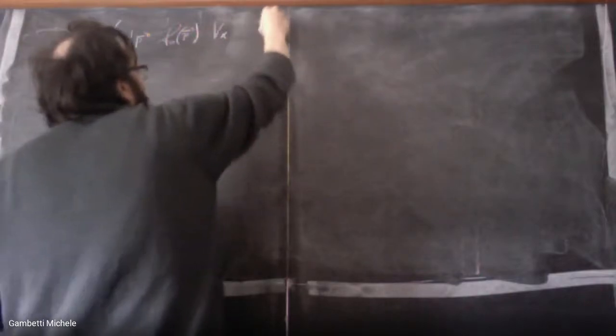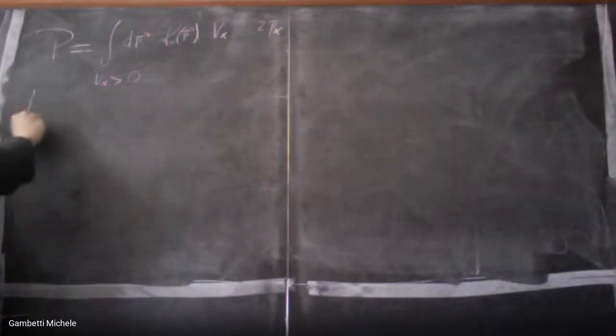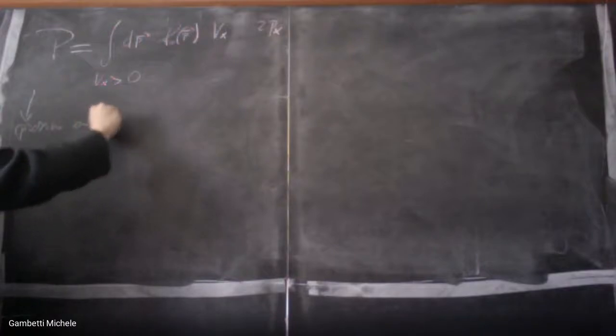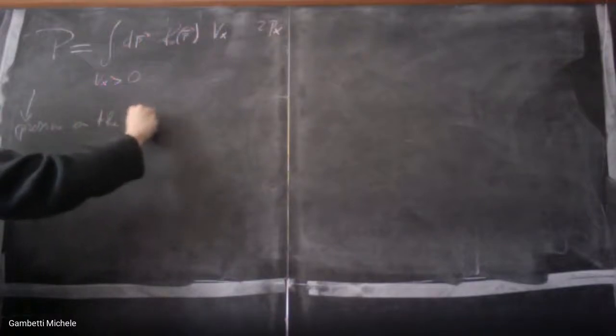And let me put it here in Vx and then Vx. Okay, so what I'm saying is that this is the pressure on the surface of the box, which is then, of course, also the pressure inside the gas. Okay, there's no gradient of pressure in thermodynamic equilibrium.